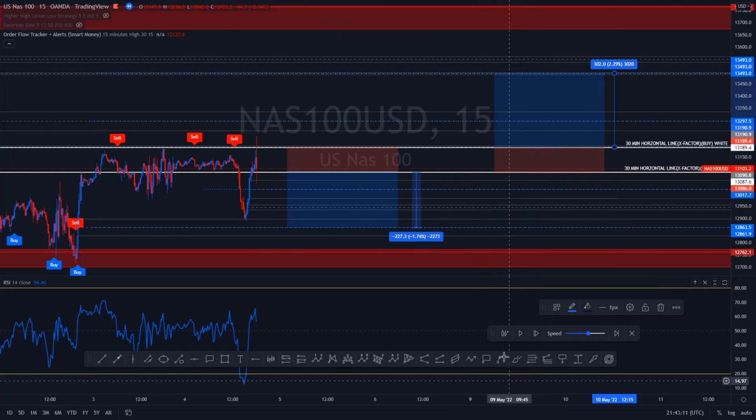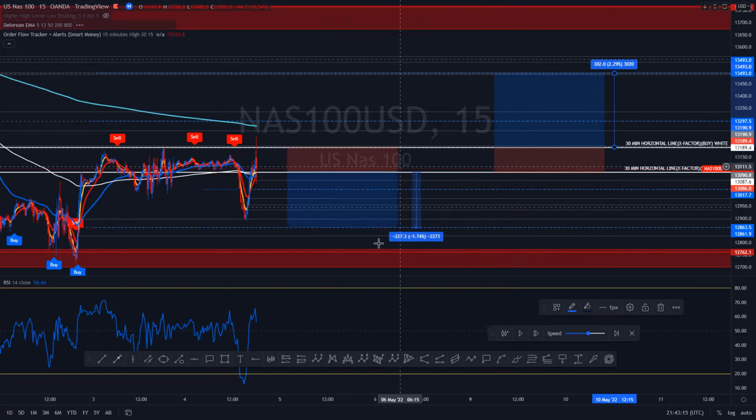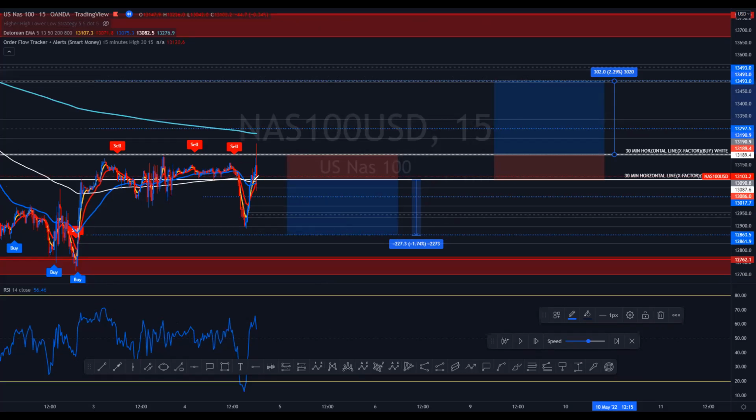And then the last thing I do is I turn on a Delorean EMA indicator. The Delorean EMA indicator is just an indicator that I use as extra confirmation. Typically, a lot of people have used this indicator. It's very accurate. Anytime the yellow EMA crosses the red EMA, it usually signifies a very strong downtrend or uptrend, kind of like what it did here.